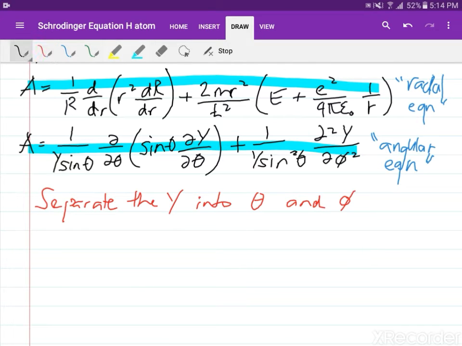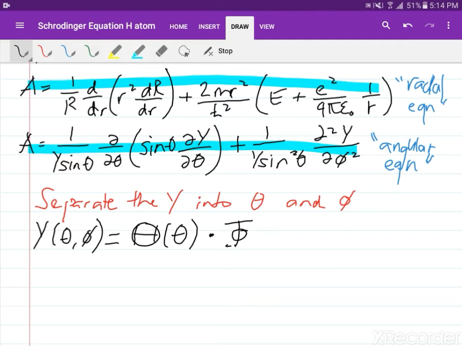We know that we have defined Y of theta and phi as the angular part. We can actually separate it into a function of theta times a single-variable function of phi.